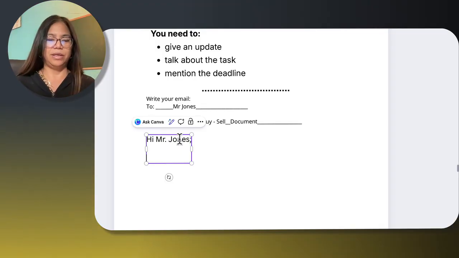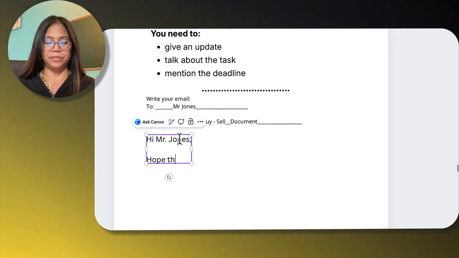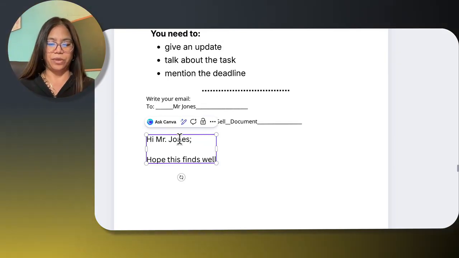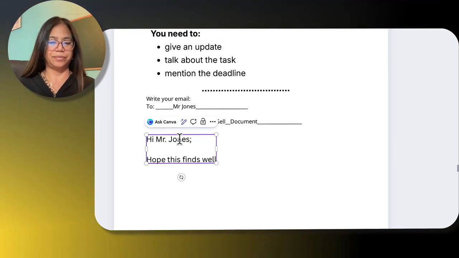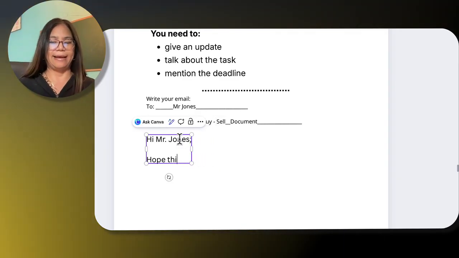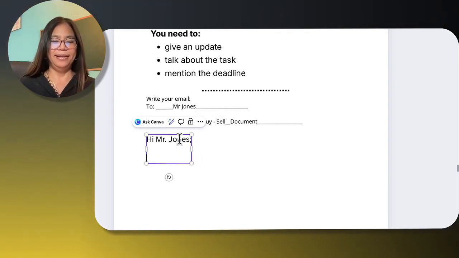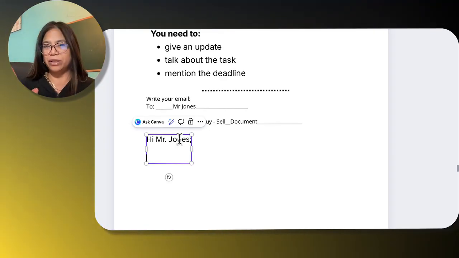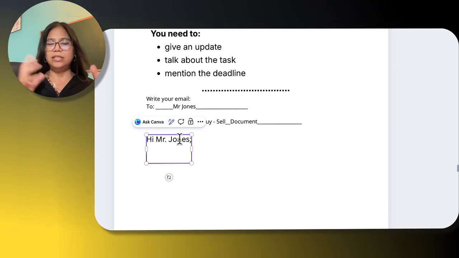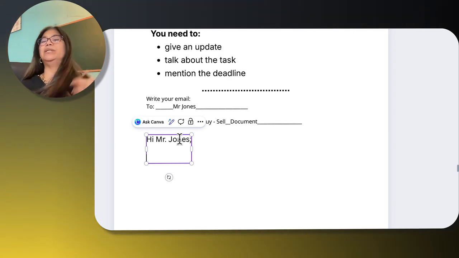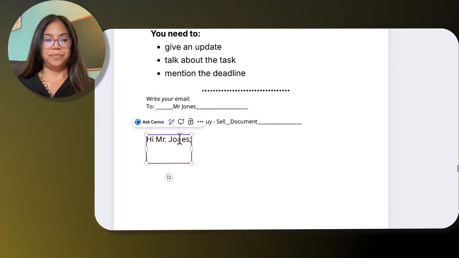Hope this finds you well. No. Not like that. Too formal, isn't it? Let's suppose that you already know the client, que ya lo conoces. You've already treated him. So, hi, Mr. Jones.